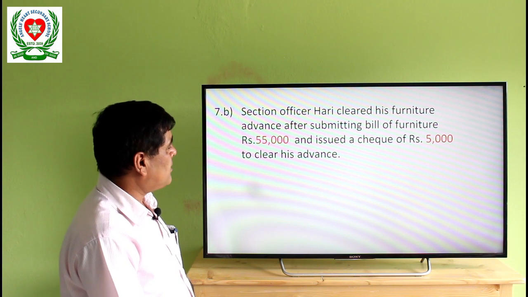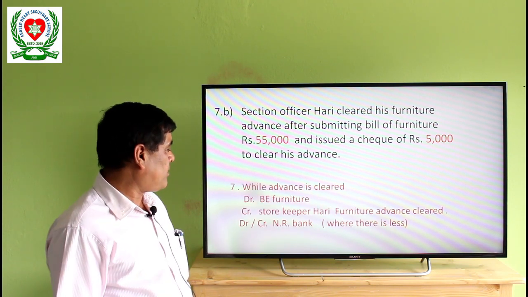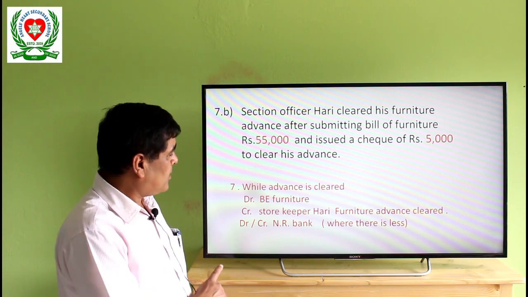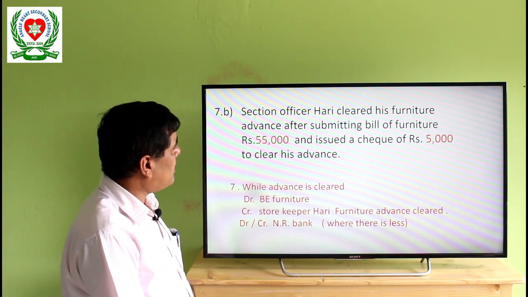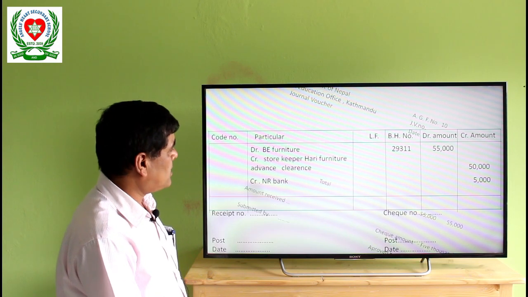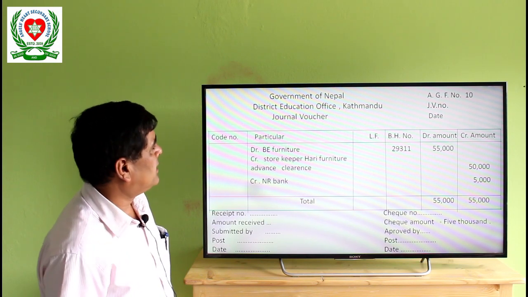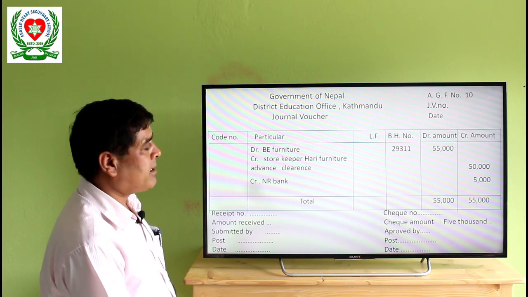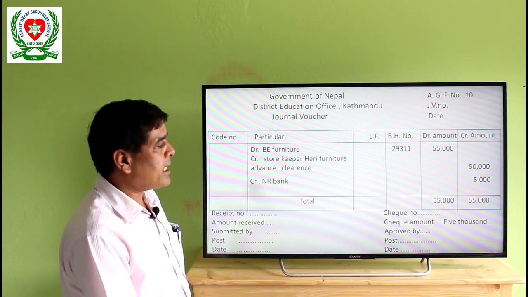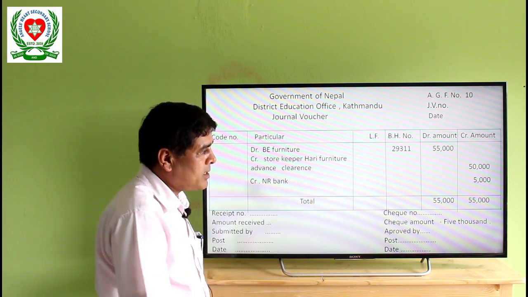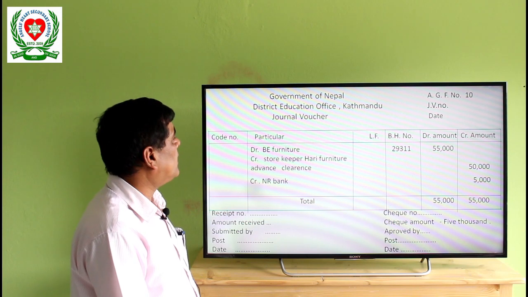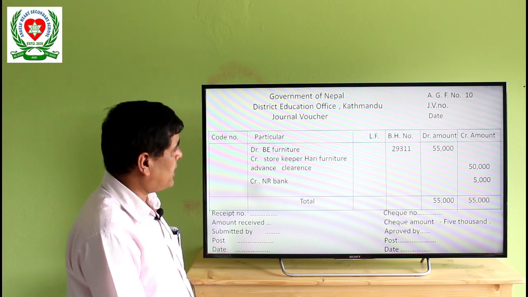So the formula is debit B furniture, credit storekeeper Hari, furniture advance clear. Here will be credit NR Bank, because 5,000 should be given by the office. Debit B furniture, credit storekeeper Hari, advance clearance, credit NR Bank, because 5,000 is issued by check and paid to Hari.